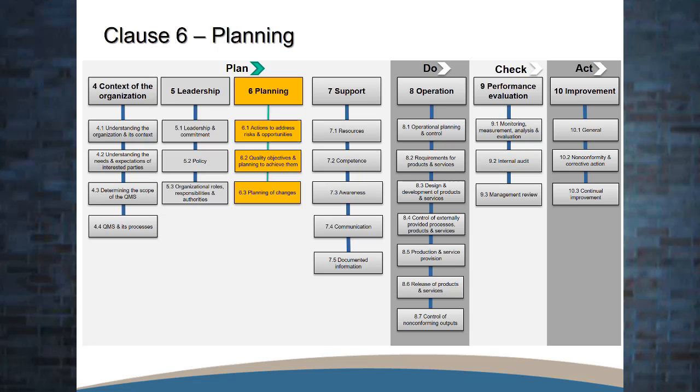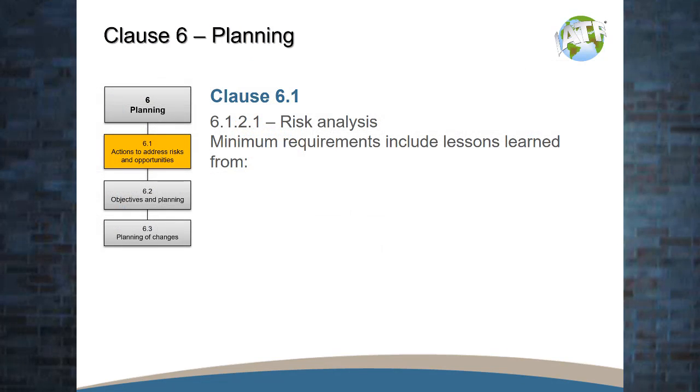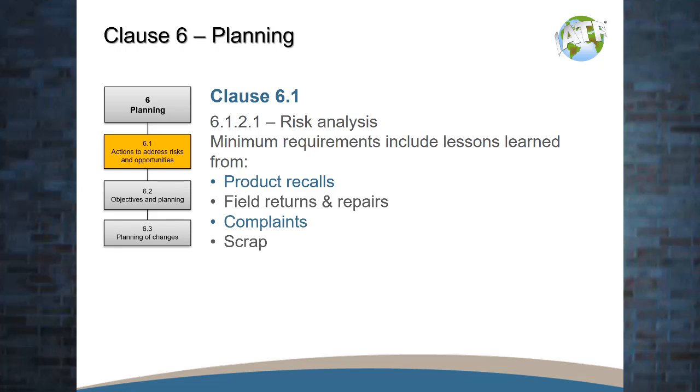Clause 6, planning. So in Clause 6, planning, we see an expanded risk analysis, not just risk-based thinking, but risk analysis in 6.1.2.1. So there are minimum requirements, including lessons learned from product recalls, field returns and repairs, complaints, scrap, rework.